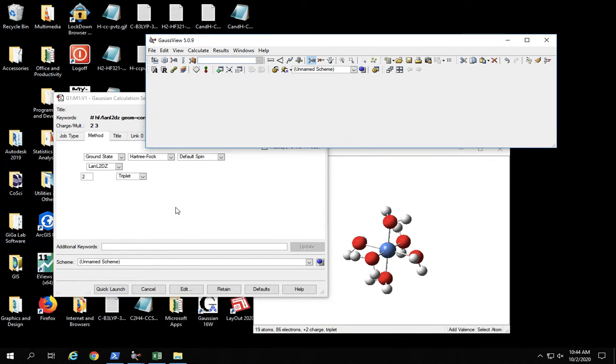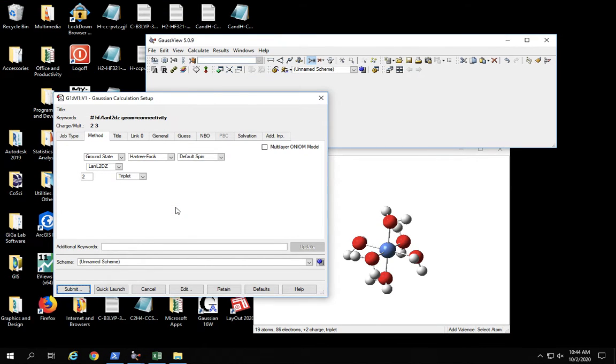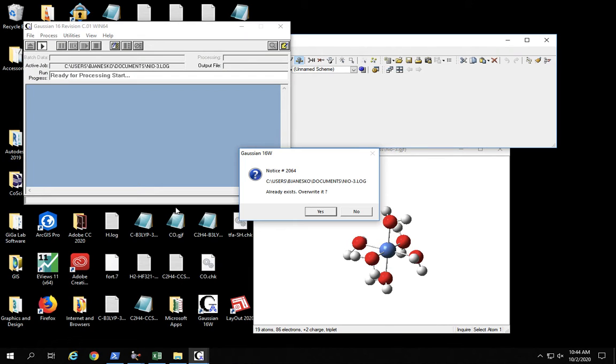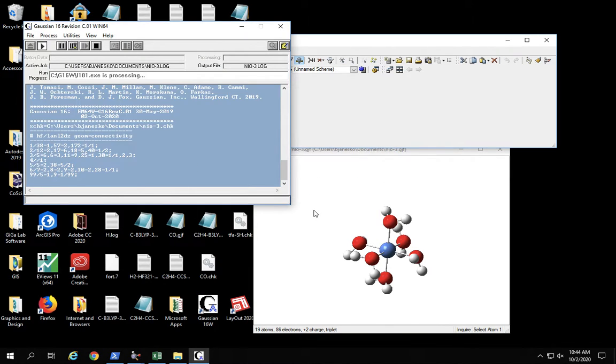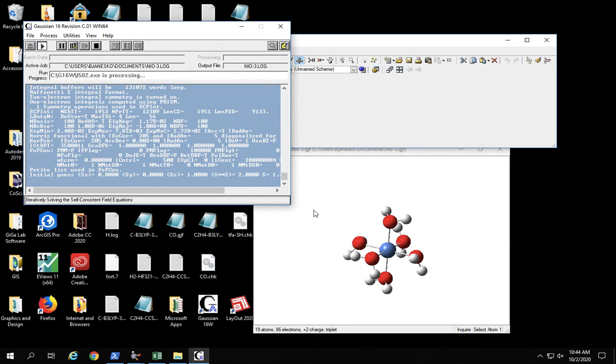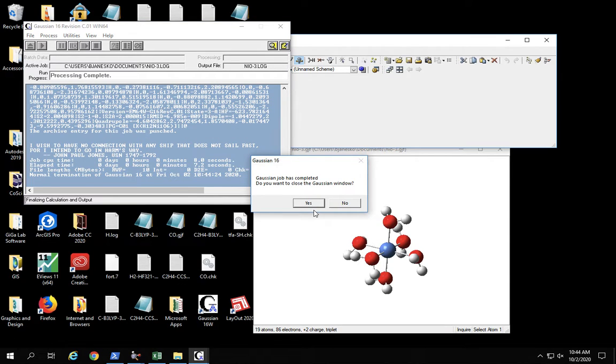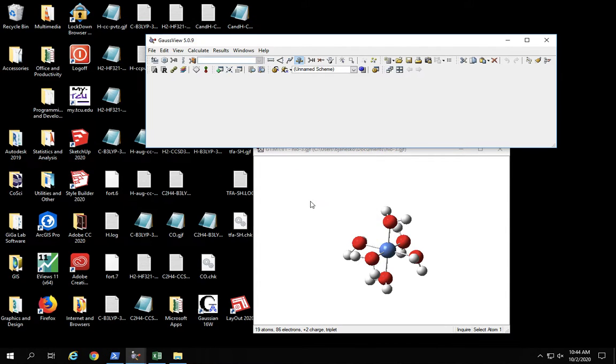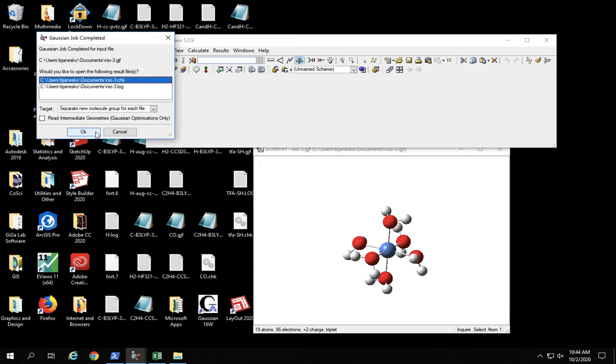Save a file, triplet state, and run the calculation. Okay. So I get a result.